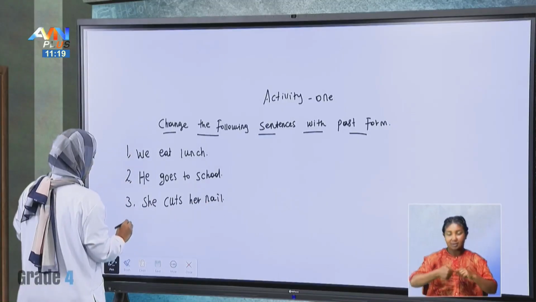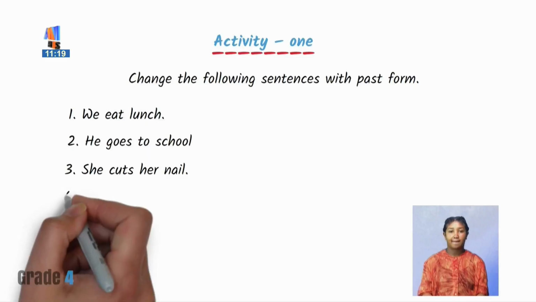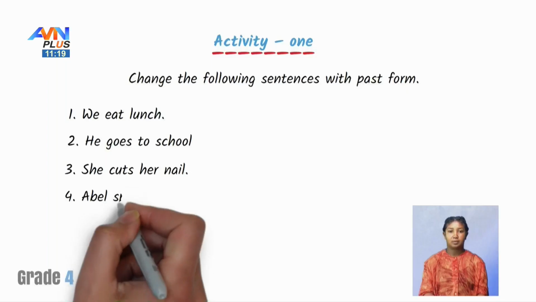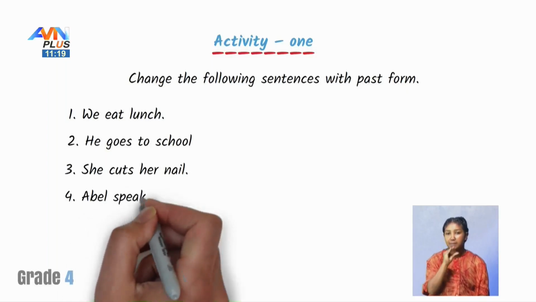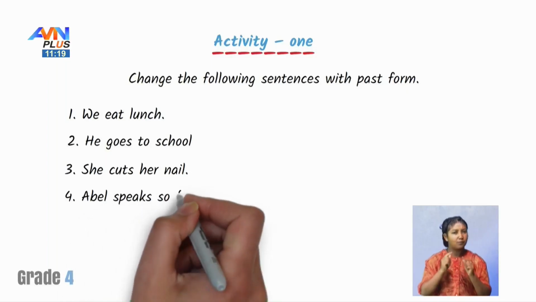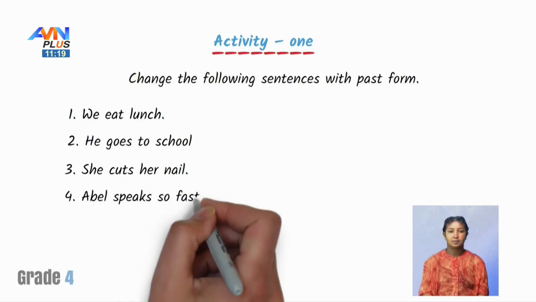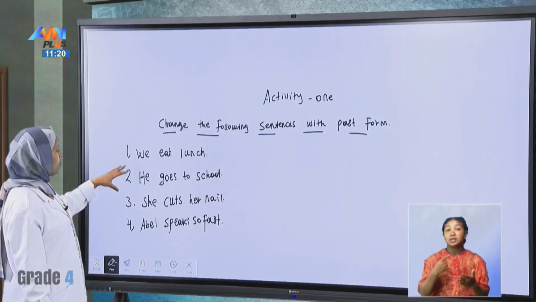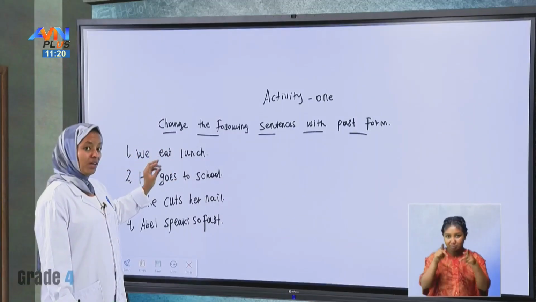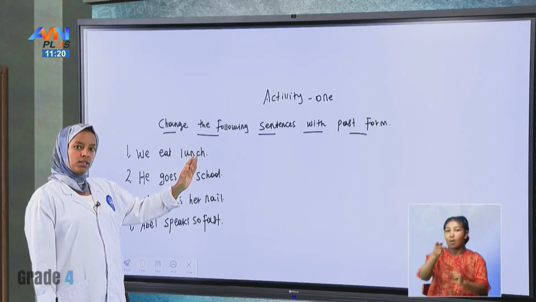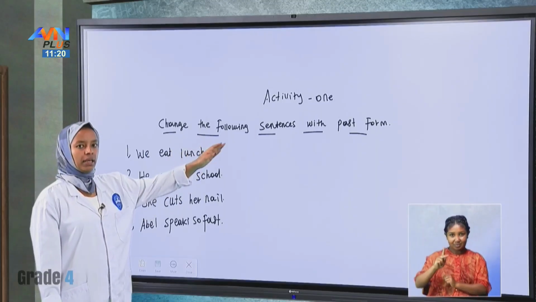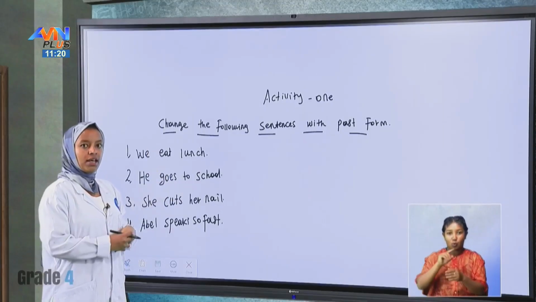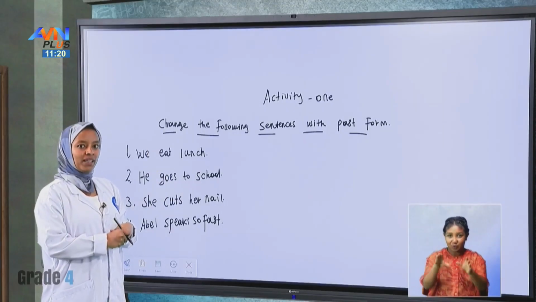And here is 4. Abel speak so fast. Look, students, speaks, so fast. Here is some examples that from simple present tense, and we are going to change what? With past tense. Students, let me give you 3 minutes for all questions, and I'll give you correction and we'll practice together.